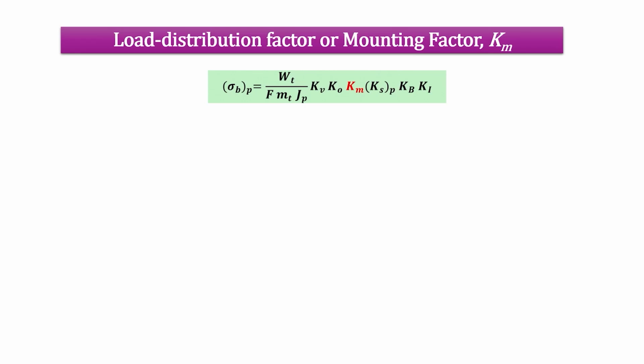Then the load distribution factor or the mounting factor Km. In the bending stress equation, we have to find the value of this Km, which is the load distribution factor. This factor accounts for distribution of load along the width. In the original Lewis equation, it was assumed that the distribution of load is uniform throughout the width, but due to various reasons, the distribution may not be uniform, and we may account for that during determination of bending stress.